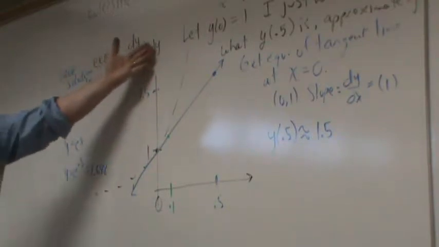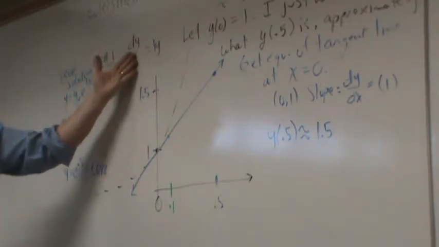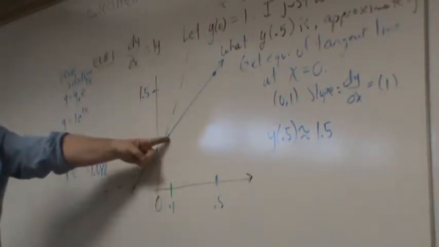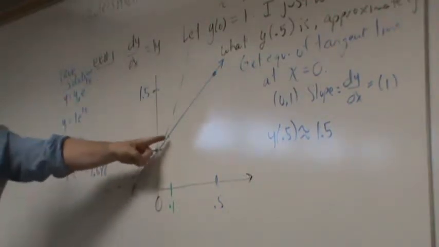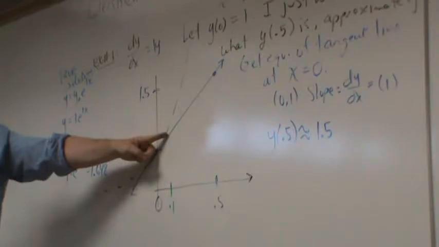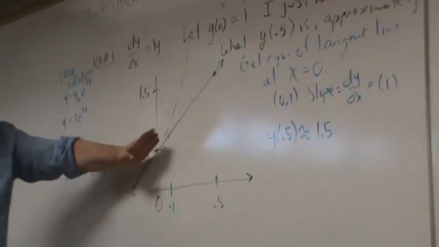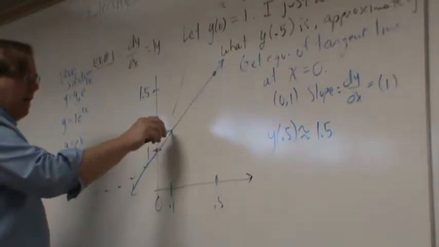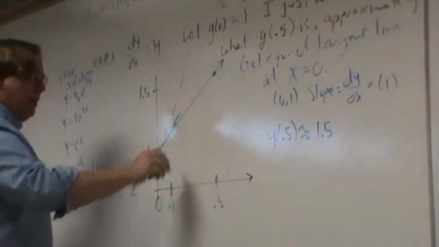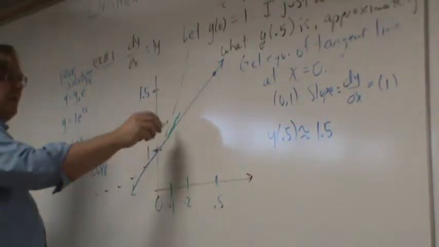You plug in whatever my y is, get a new slope, which, by the way, is going to be higher, right? This slope is 1 because the y-coordinate is 1. Here, the slope is going to be slightly higher, and you ride that new slope until you get to 0.2.